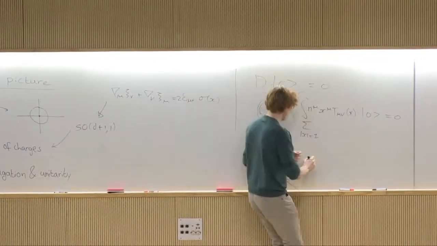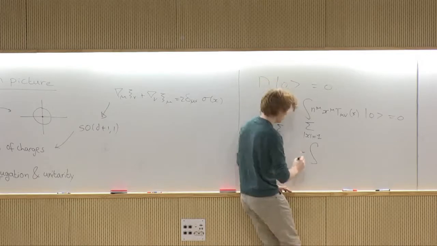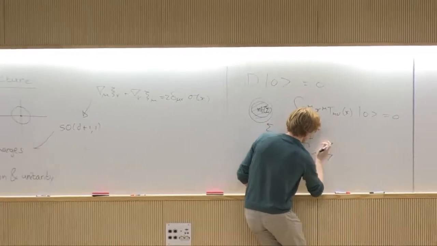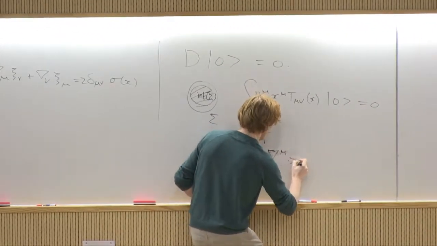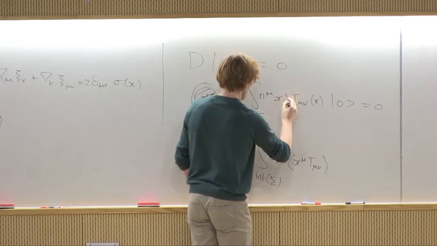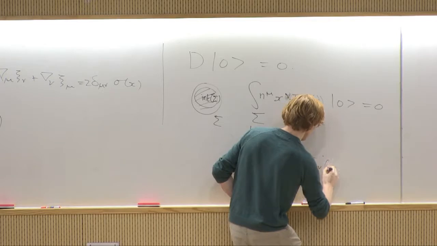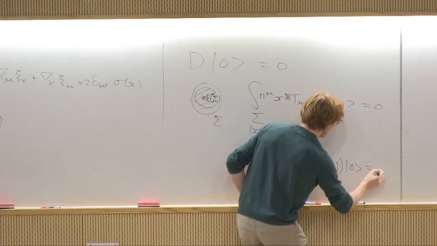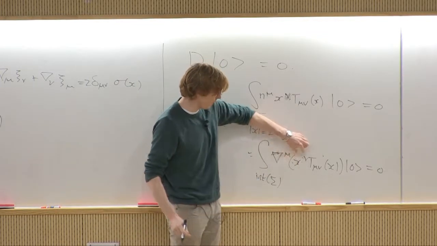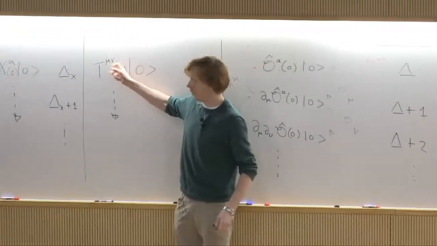This is the integral over the ball, the interior of sigma, of, by Stokes' theorem, the derivative d^mu of x^nu T_{mu nu}. The derivative of x^nu gives me delta^mu nu, and that's a trace of the stress tensor that I'm not considering here anyway, so I should say this is a traceless tensor.